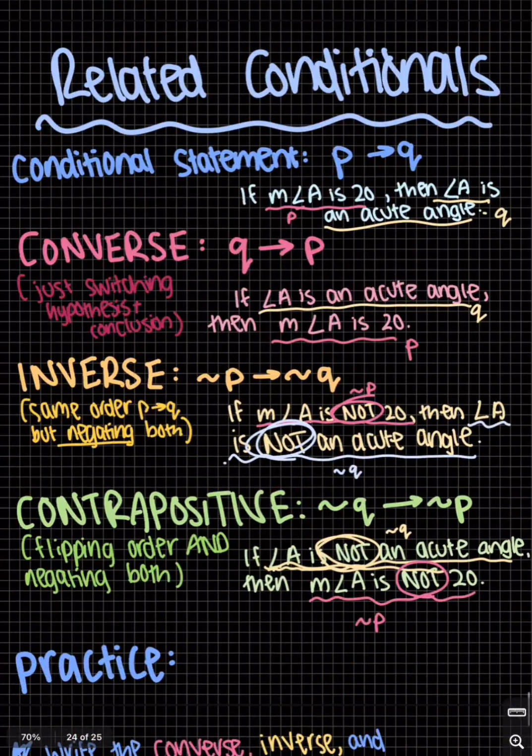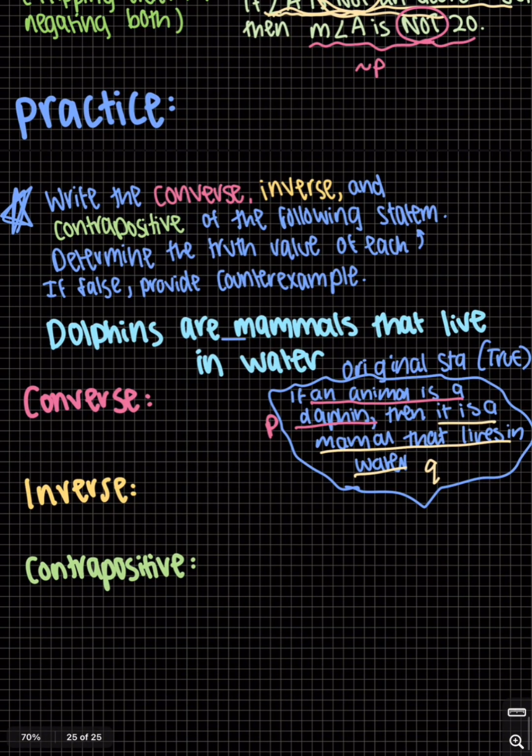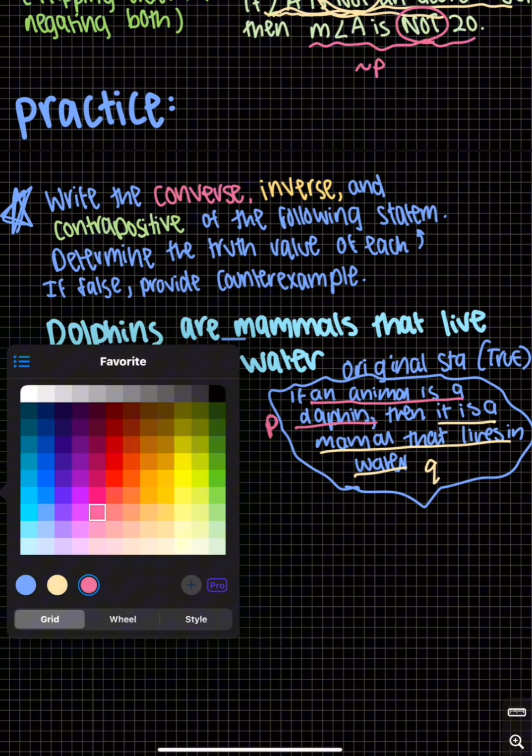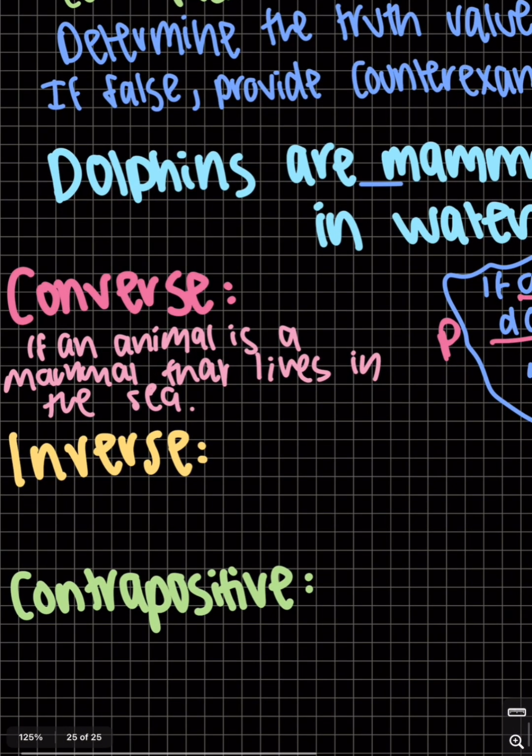Okay, now from this, I can go and write my converse, inverse, and contrapositive, right? So my converse, I know, is Q, then P. So I'm just switching it. Meaning that if I have Q right here, I'm going to rewrite my converse as: if an animal is a mammal that lives in the sea, then it is a dolphin.